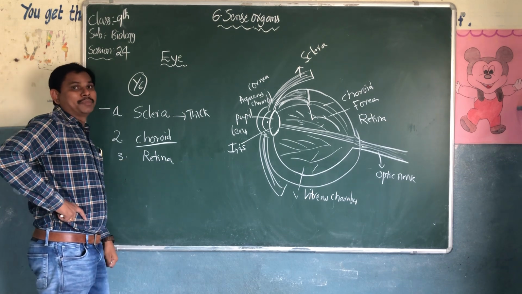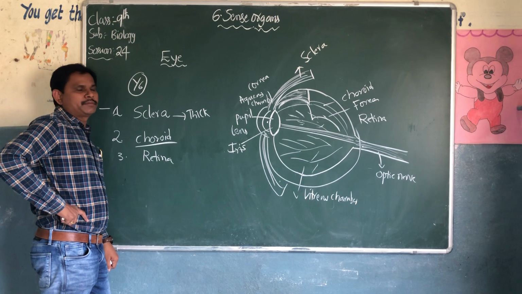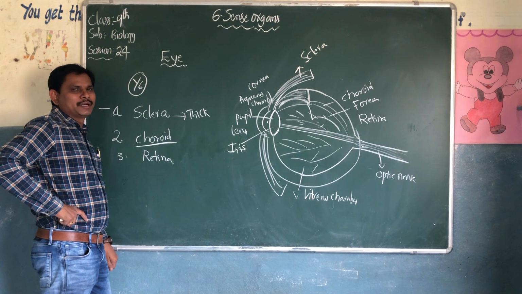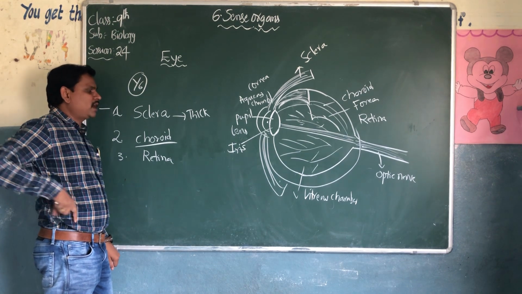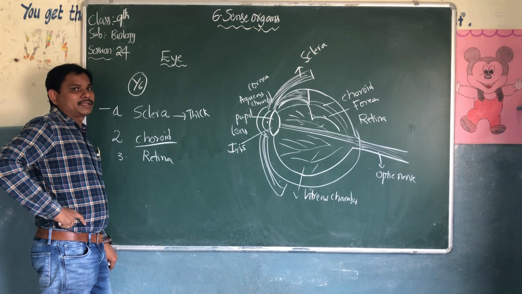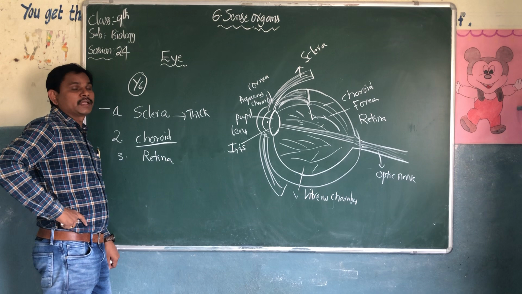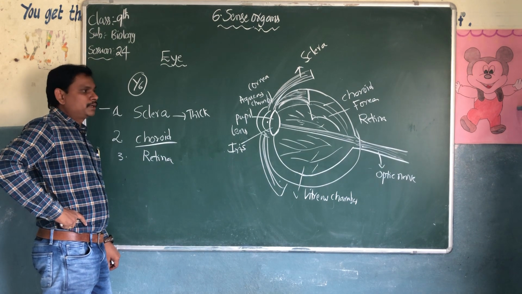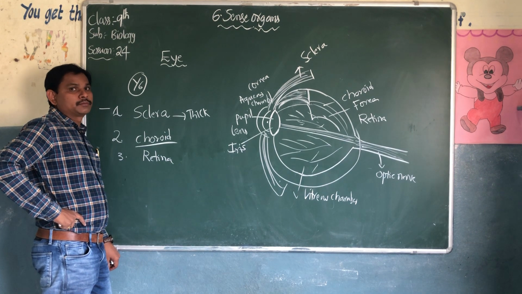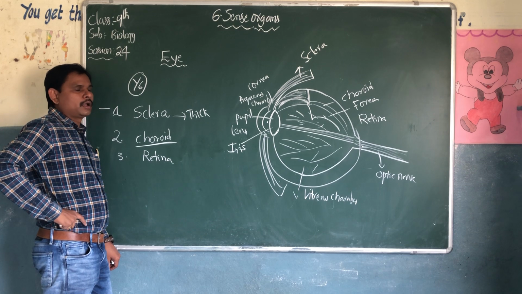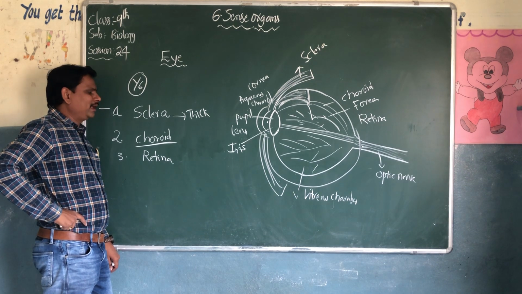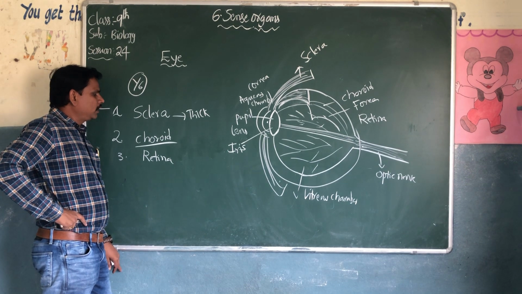There are also some muscles, ciliary muscles and circular muscles. Because of these muscles in the choroid layer, the lens moves up and down.